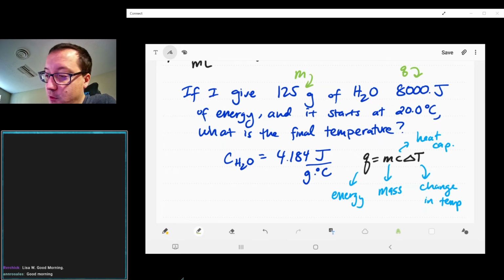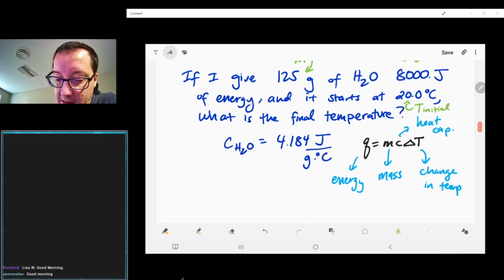And that, therefore, is going to be our initial temperature. Our initial temperature is going to be 20 degrees Celsius. And of course, we're already given the C for water, so we don't have to worry about that.